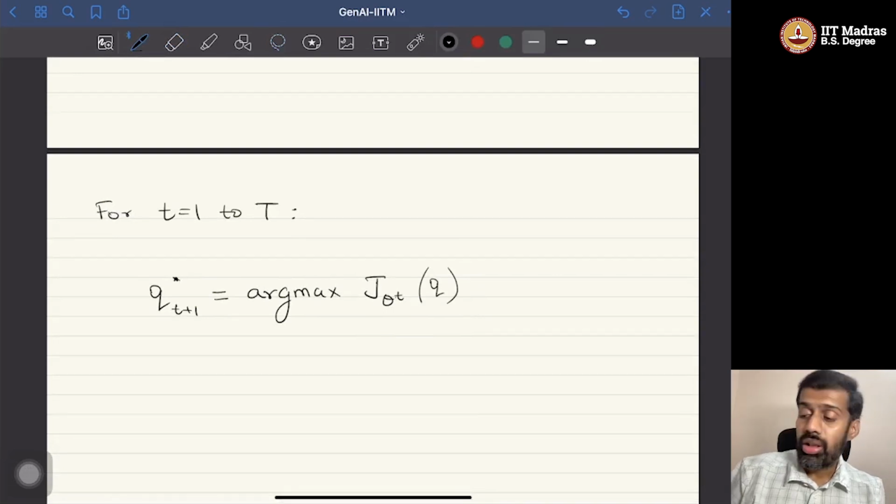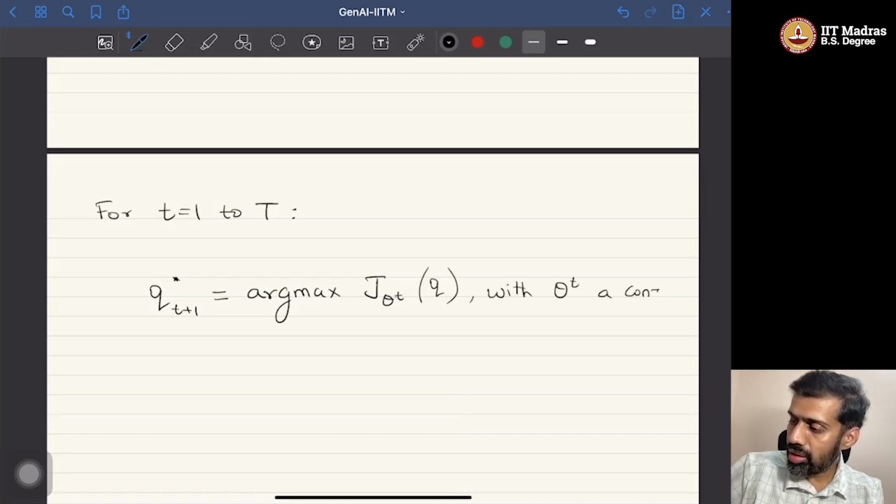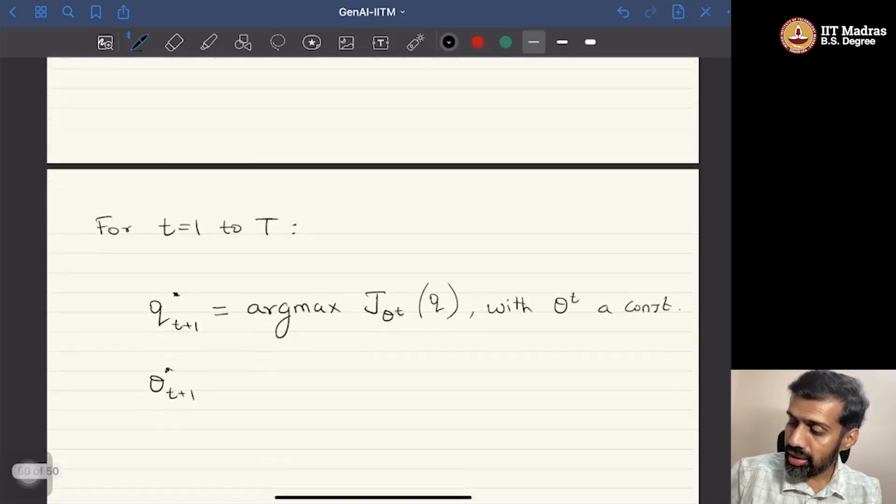Okay, then with theta t a constant, so then we find the next best theta star, okay, let us write this, theta star t plus 1.